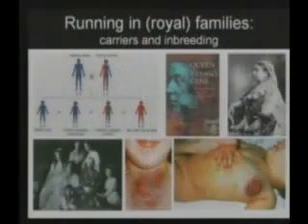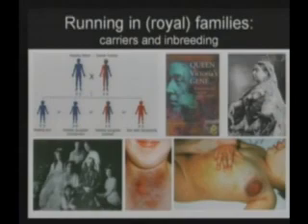And there are two aspects of haemophilia that would partly explain, at least, why the gene persists for such a long time. One of them is the carrier status of Queen Victoria. So she had the gene, but she wasn't affected by it. So it's silent in some individuals, and that's a way in which it can be passed on. And the other thing about royal families, of course, is inbreeding.